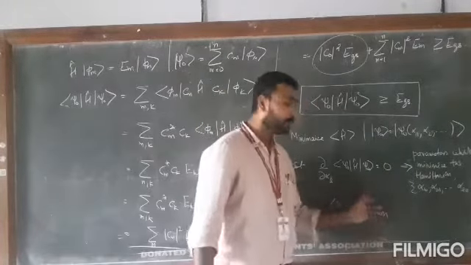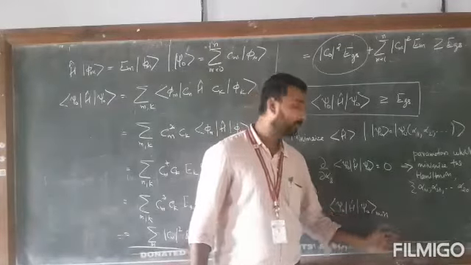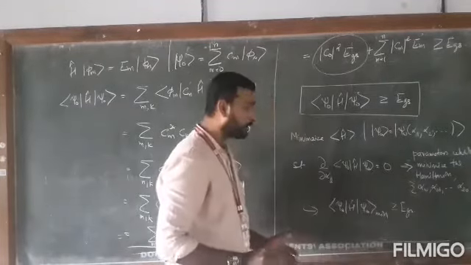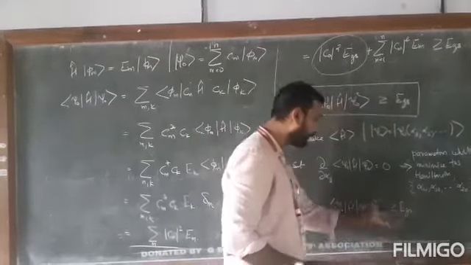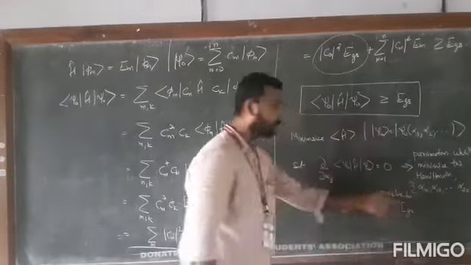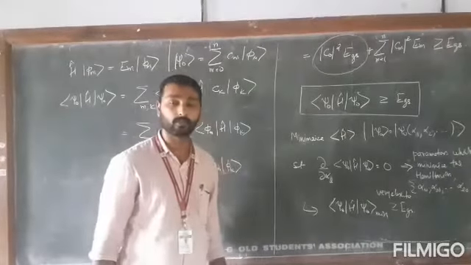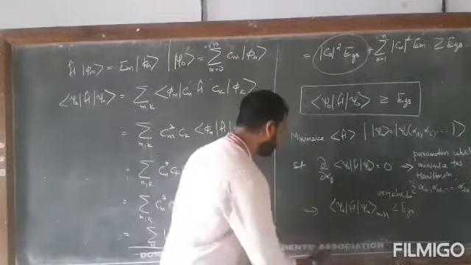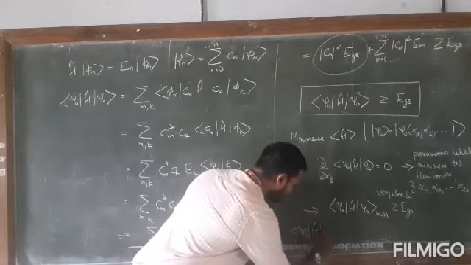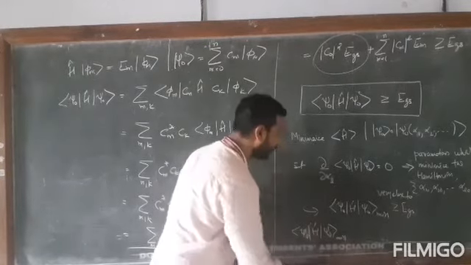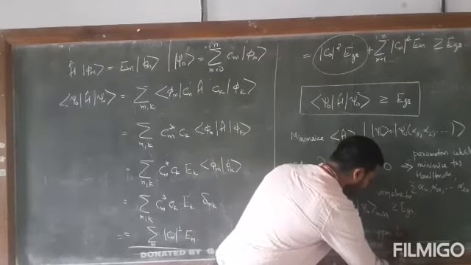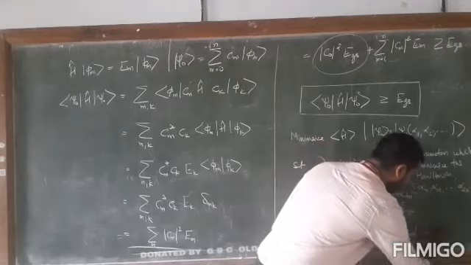This ⟨psi 0|H|psi 0⟩ minimum value will be very close to the ground state energy. Okay, so I can write it is slightly greater than or equal to EGS, but this value would be very close to EGS, it is approximately equal to EGS. So this ⟨psi 0|H|psi 0⟩ minimum gives an upper bound for EGS.